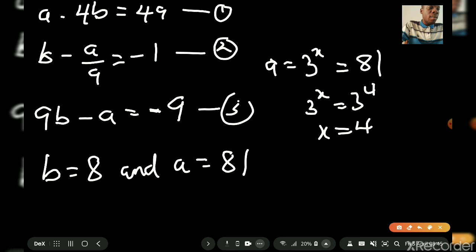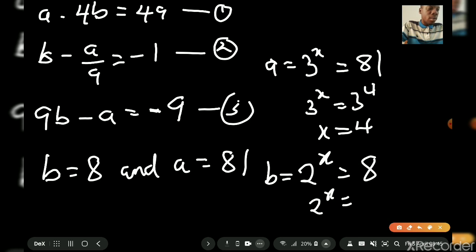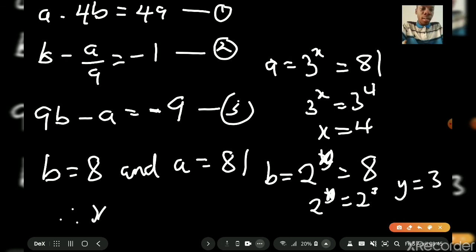And then b is equal to 2 raised to the power y, which is equal to 8. 2 raised to the power y is equal to 2 raised to the power 3. Since the bases are the same, y is equal to 3. Therefore, we get x equal to 4 and then y equal to 3.